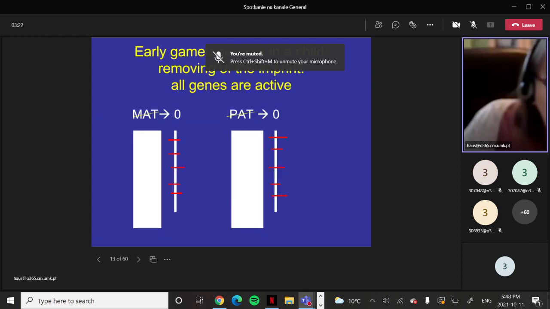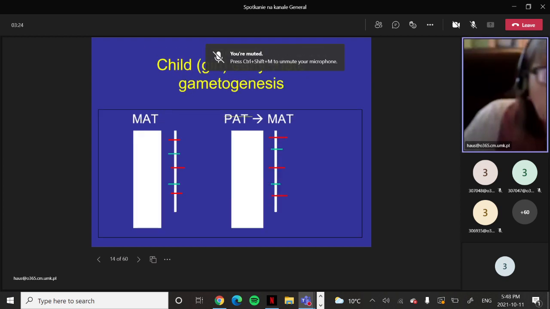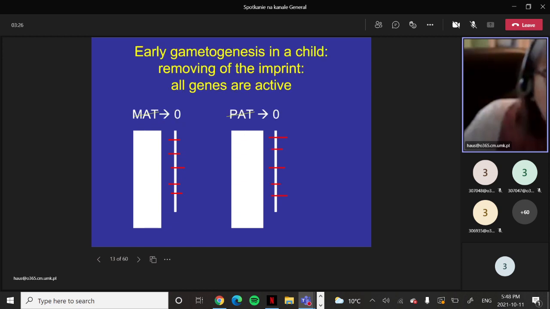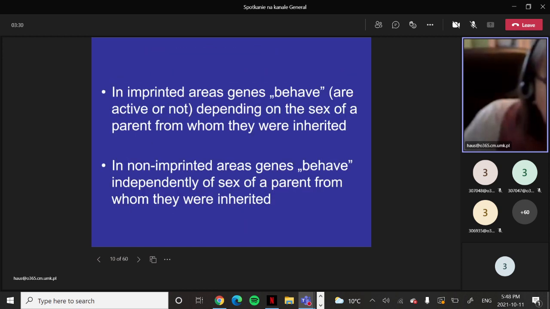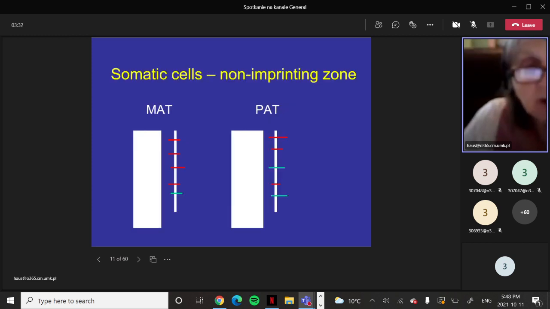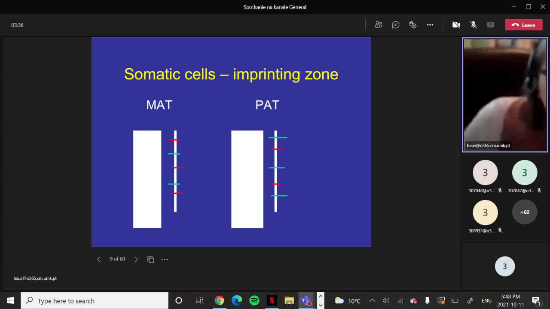Okay, no, it's not a good illustration. Here. Yes, always. Sorry. Here, always one copy is inactive. Never both copies are active in these imprinting zones.